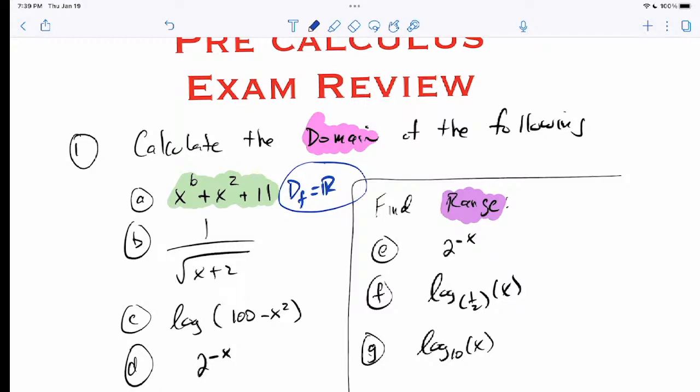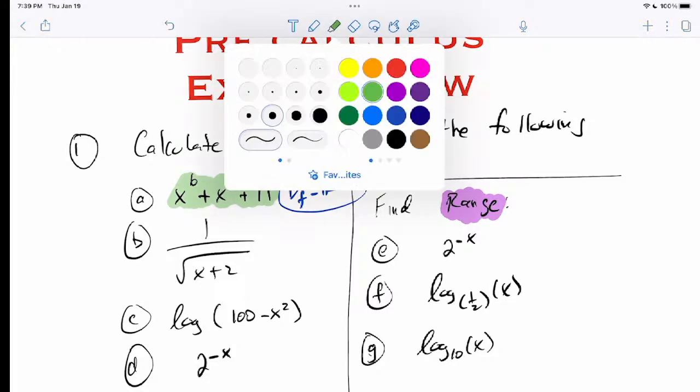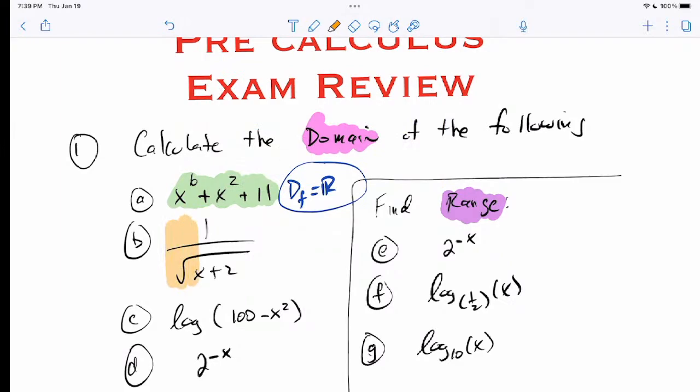Okay, so that's the answer for A here. We have all real numbers. If we move on to something like B, the same idea.